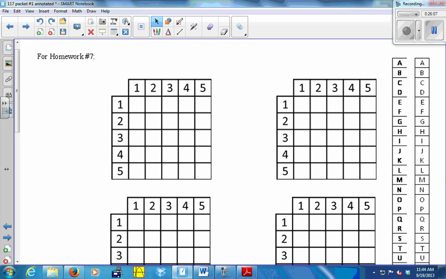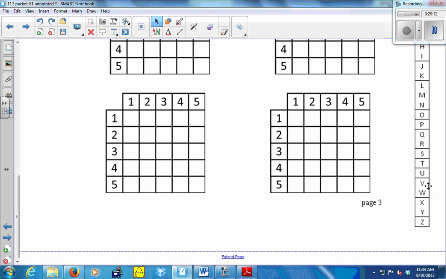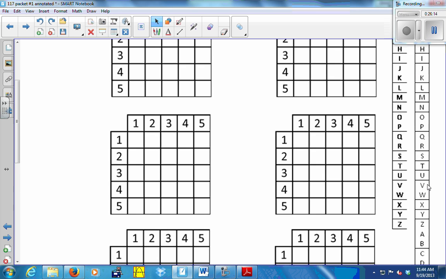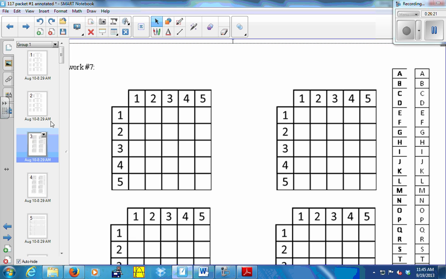So I want you to cut out this long rectangle of the alphabet, 2 copies of the alphabet.